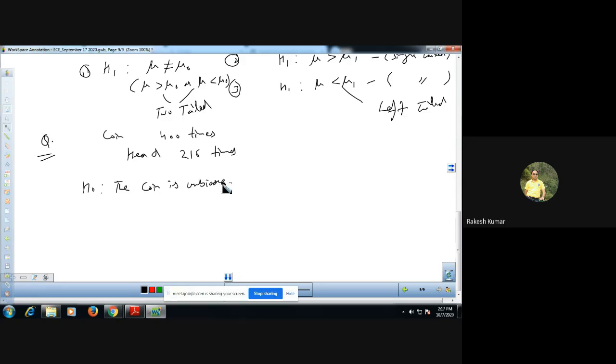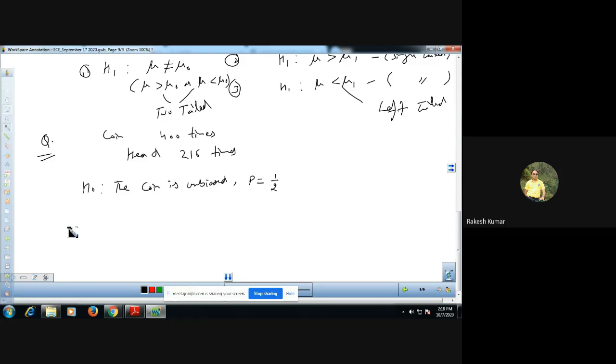So we have taken the hypothesis in writing, or in statement form. The coin is unbiased means that the probability of getting a head or a tail is the same. Same means the probability of getting a head and tail is 1 by 2. So what does it mean? The proportion is 1 by 2.